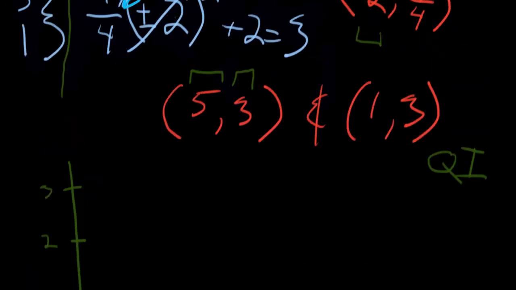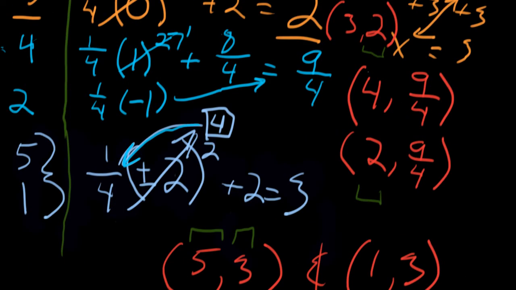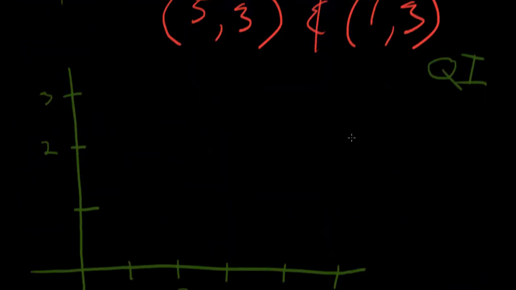Okay, so I have 3, 2 as my new vertex, and this was that line of symmetry that I was talking about at x equals 3.